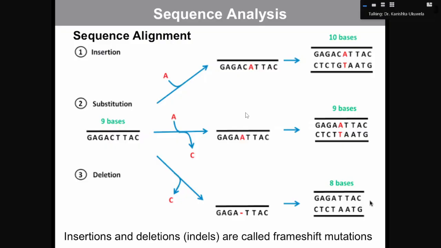It will entirely change the codons from that place onwards. As a result, the resulting amino acids will also change, leading to what we call a frame shift mutation. The same can be said of deletions, where a nucleotide is deleted, and from that place onwards the codons can change, which could also lead to a frame shift mutation.